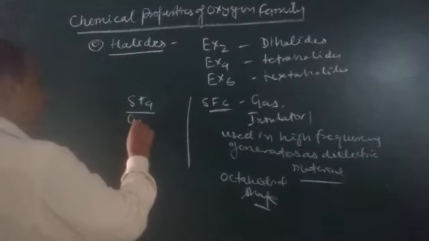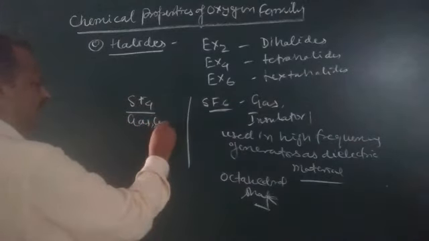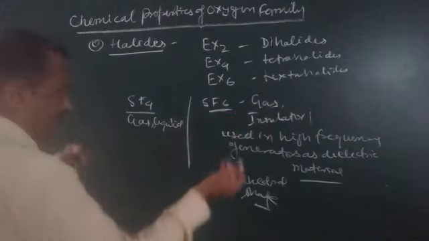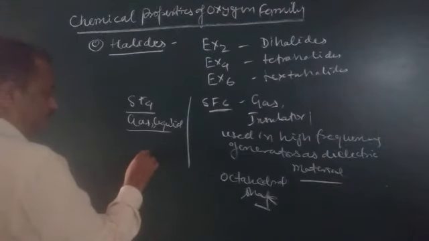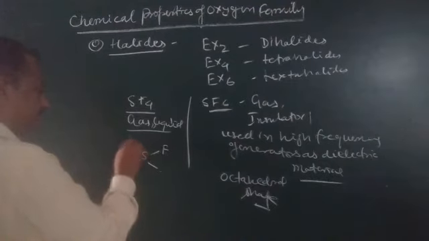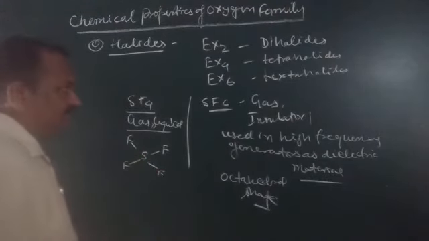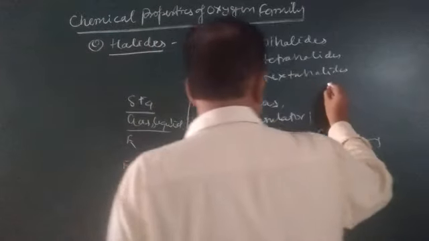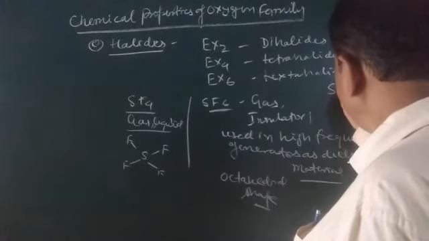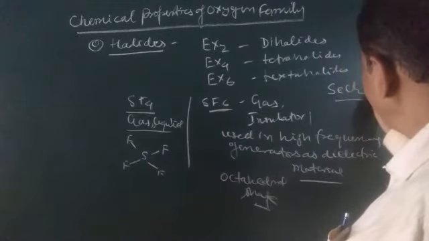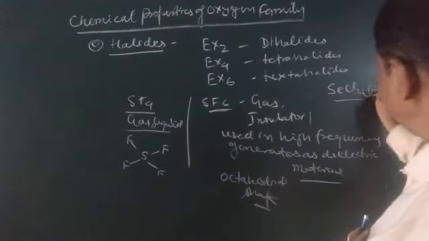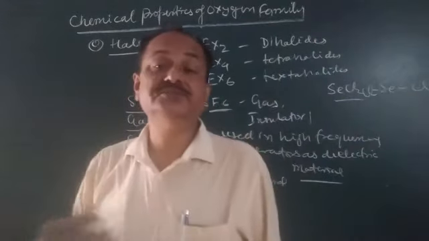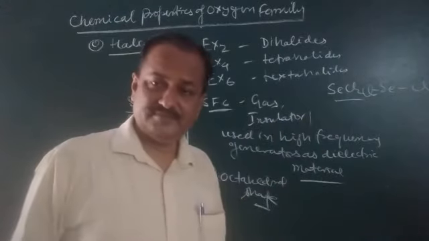SF6 can also be converted, but very high pressure is required. SF4 has a tetrahedral shape. The same is the case with SeCl2, which is linear. So this is the variety, and it is a gas.